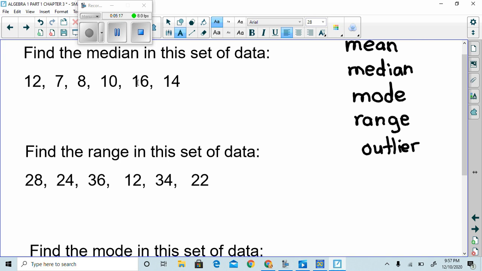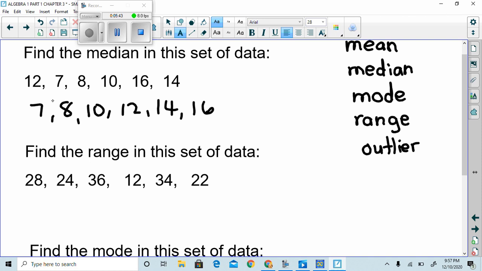There are 6 data items, which means that it's an even number. What I need to do, very importantly, is order them from least to greatest. I always double check. I started with 1, 2, 3, 4, 5, 6, counting 1, 2, 3, 4, 5, 6. I have an even number.